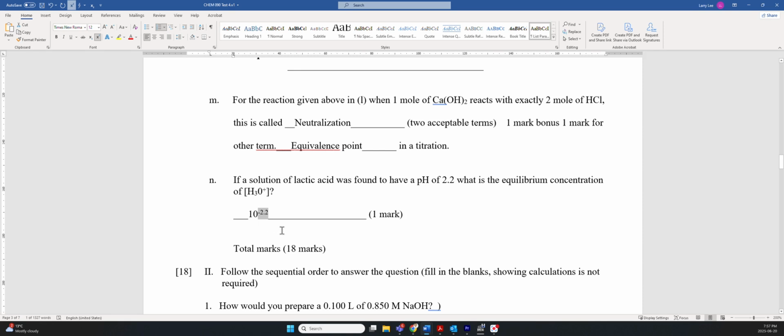And that answer, please give me in scientific notation. So again, you hit second function, then the log, minus 2.2, and we only need one sig fig, so this is going to be 6 times 10 to the minus 3 moles per liter.